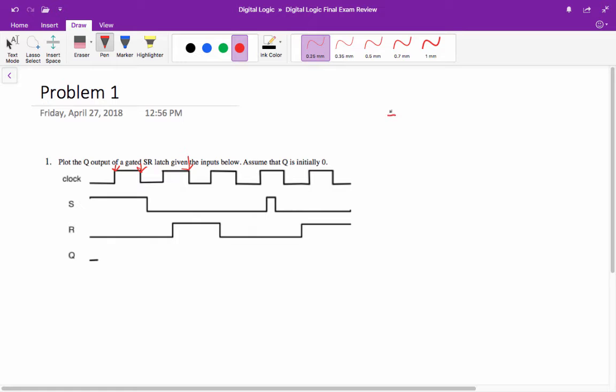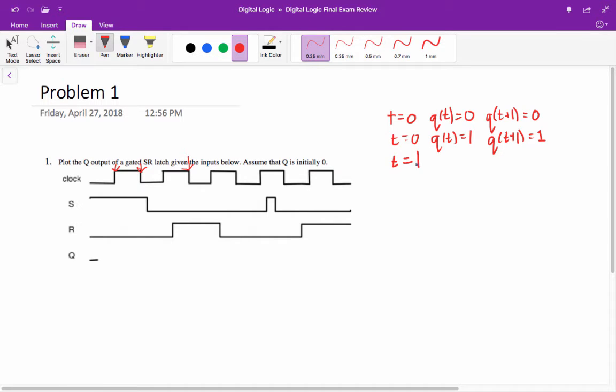When T is 0 and Q(t) is 0, then Q(t+1) is also 0 because there's no change. If T is 0 and Q(t) is 1, then Q(t+1) will also be 1 because when T is 0 there's no change.